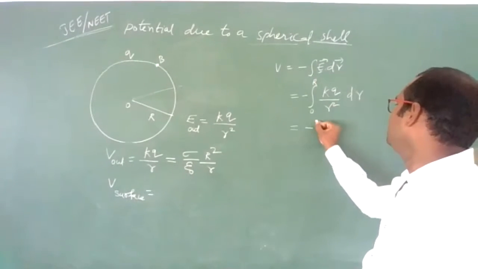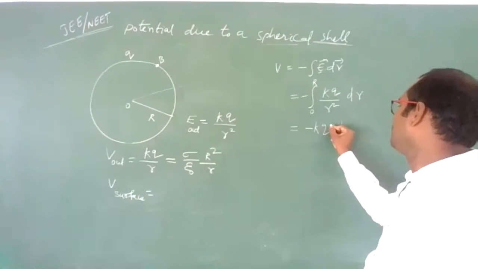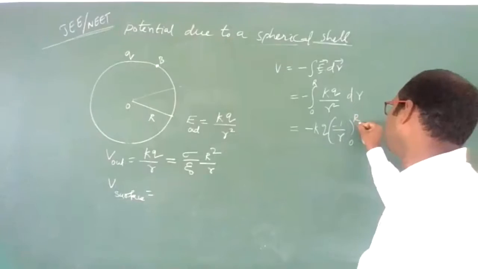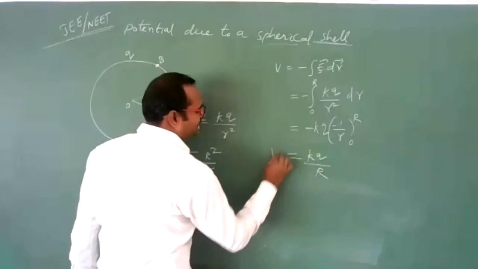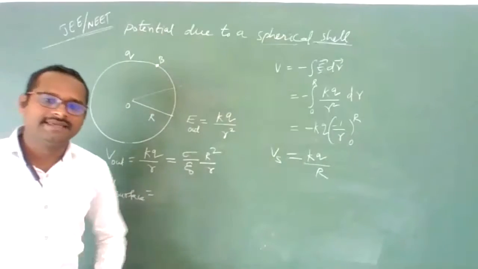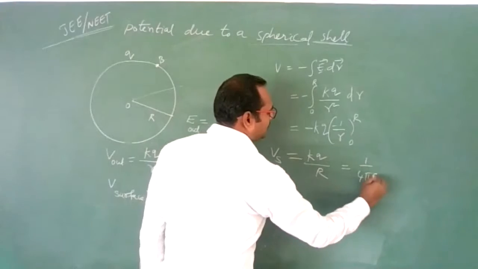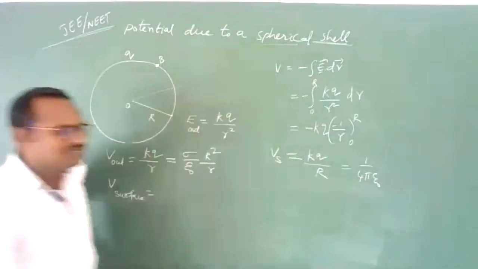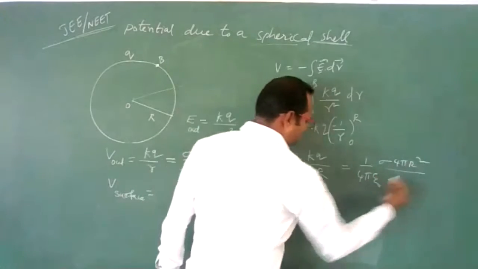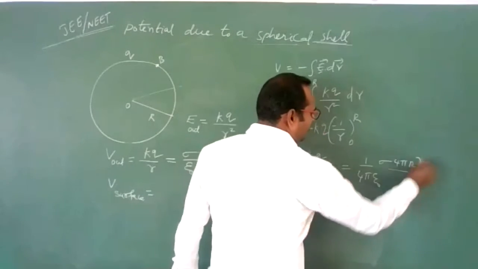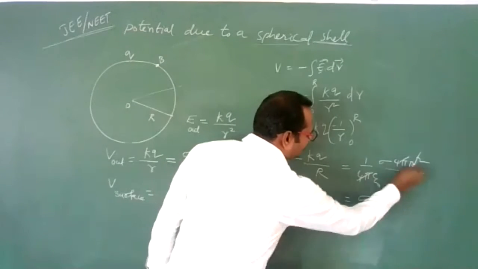Then you will get minus KQ common, integration of 1 by R square is minus 1 by R, from 0 to capital R. Minus of minus will become plus, so it will become KQ by capital R. The potential on this surface will be KQ by capital R. Or this can be written as K is 1 by 4 pi epsilon naught, and Q is sigma into 4 pi capital R square, divided by R. R cancels, 4 pi cancels, and you will get sigma by epsilon naught into R.